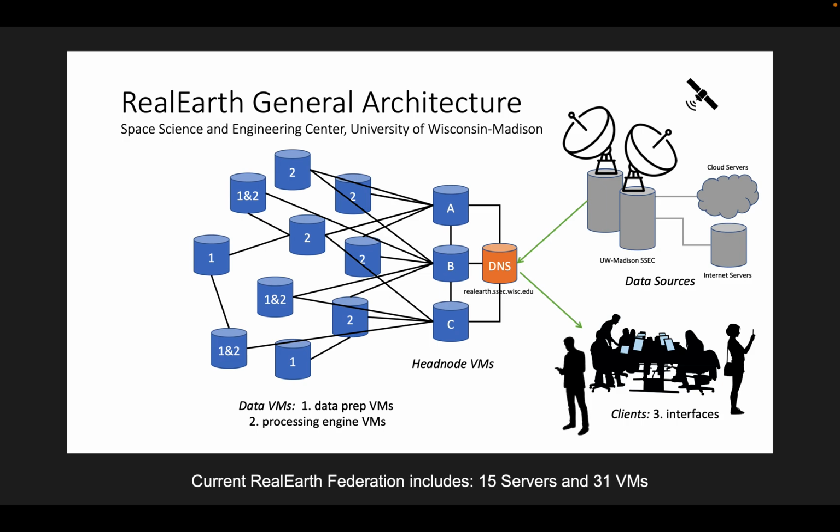A lot of the imagery, when it gets processed into visualization from GeoTIFF to little PNG tiles that come to your browser, gets cached on those A, B, and C head node VMs.